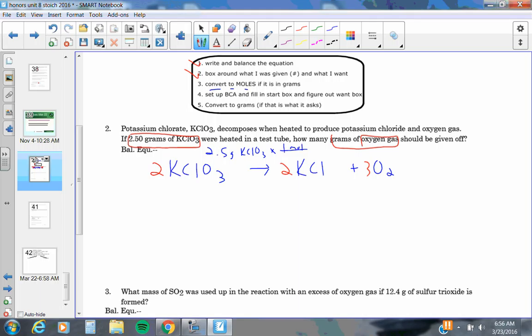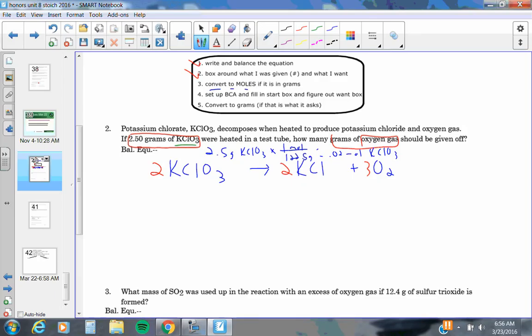So I add up 3 oxygens, a chlorine, and a potassium, and I'm going to get a grand total of 122.5 grams. I used my periodic table for that. So when I calculate that out, I'm going to get 0.02 moles potassium chlorate.